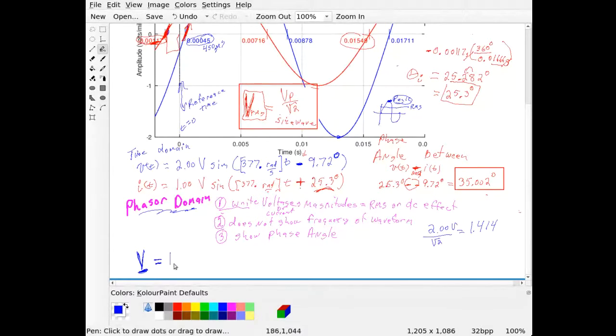So our voltage now is 1.414 volts, and then we have to write the angle, and the angle is really easy. You just copy the angle, minus 9.72 degrees.